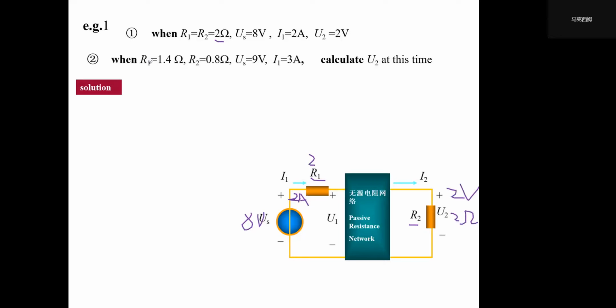We would like to know, when R1 equals 1.4 ohm, R2 equals 0.8 ohm, US equals 9, I1 equals 3, what's the value of U2, right? So we can calculate using the Tellegen theorem, because we can apply the Tellegen theorem to this one as well.